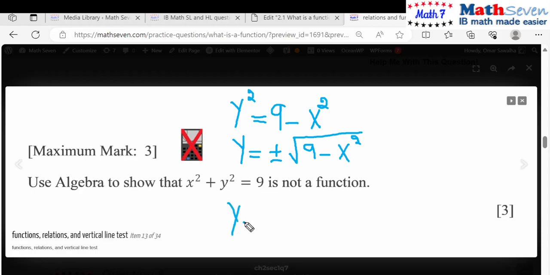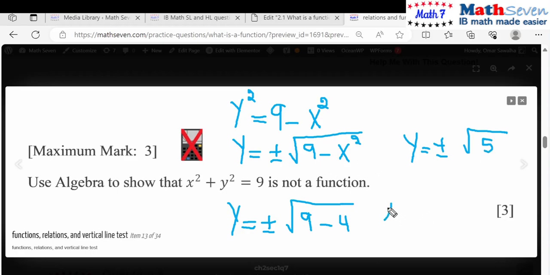We're going to have y equals plus or minus the square root of 9 minus x squared, we said x is 2, so minus 2 squared, which is 4. So the answer is y equals plus or minus the square root of 5. What does this mean? This means that when you have x equal to one value, you're going to have two different answers. But this is not a function, okay? It's not a function, it's a relation.